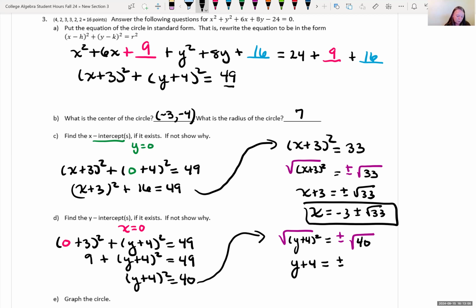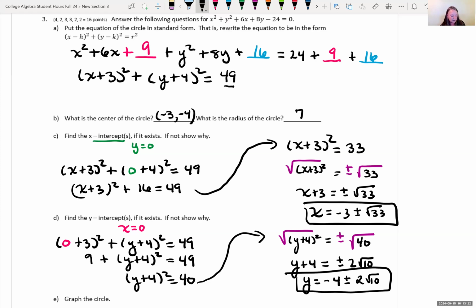I notice that 40 can be broken down as 4 times 10. The square root of 4 is 2, so I'm pulling that outside of the radical, and I have a 10 left underneath the radical. Let's subtract 4 on both sides of our equation. We get -4 plus or minus 2 root 10. So those are my y-intercepts.